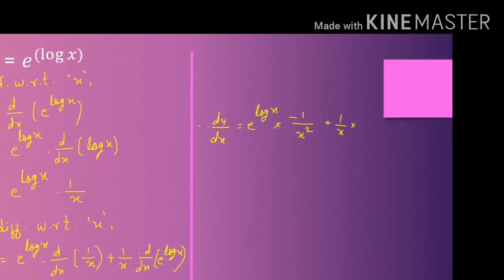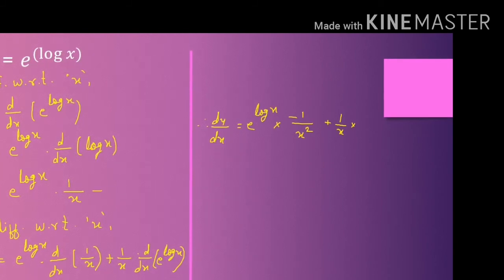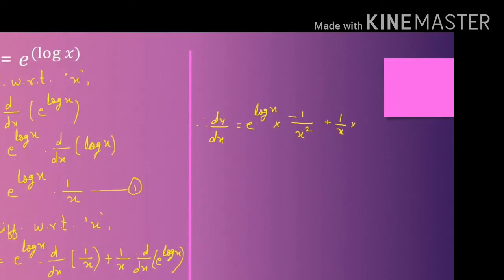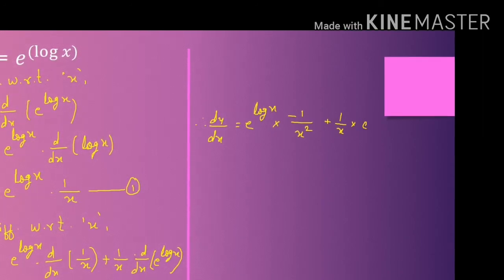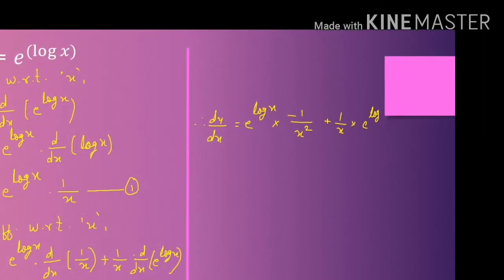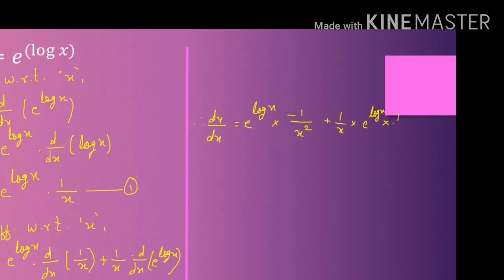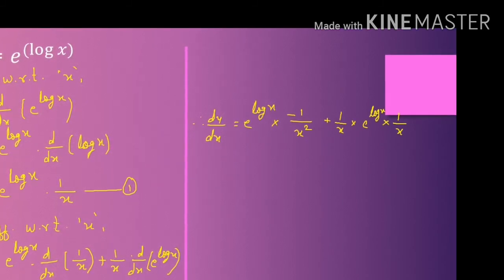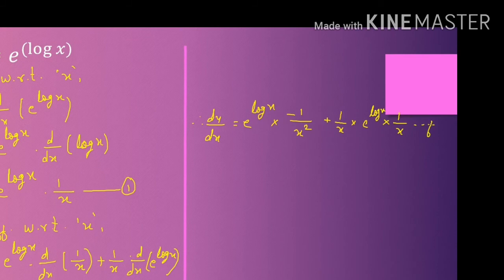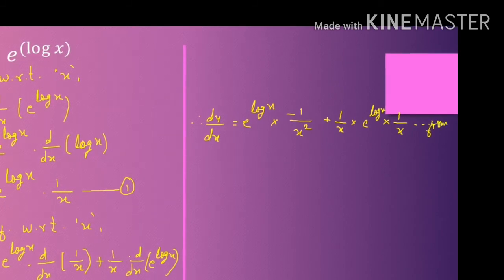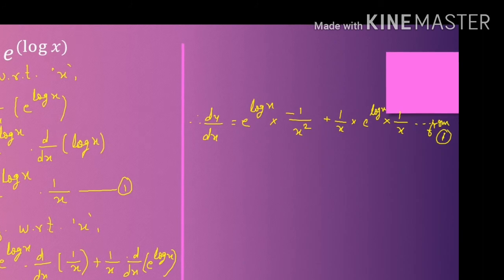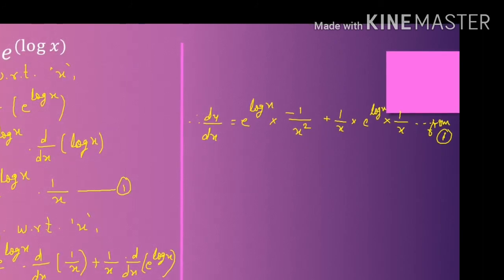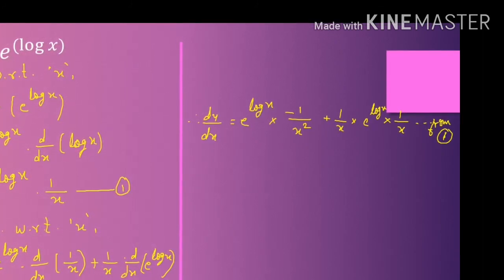This we have already calculated here. So we can just number it as 1 and directly we can substitute the value. So you get e raised to log x into 1 upon x. Here you can write from 1. So you get, sorry, this is d square y upon dx square.